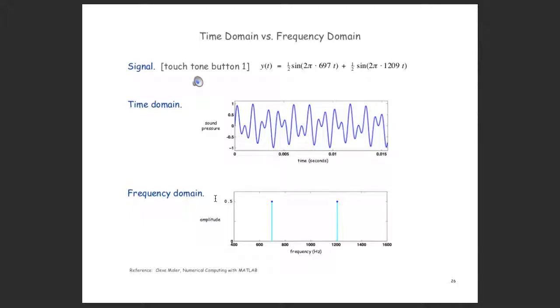This is where, if you're an EE, you get a piece of magic that normal people don't. You can transform stuff from the time domain to the frequency domain.